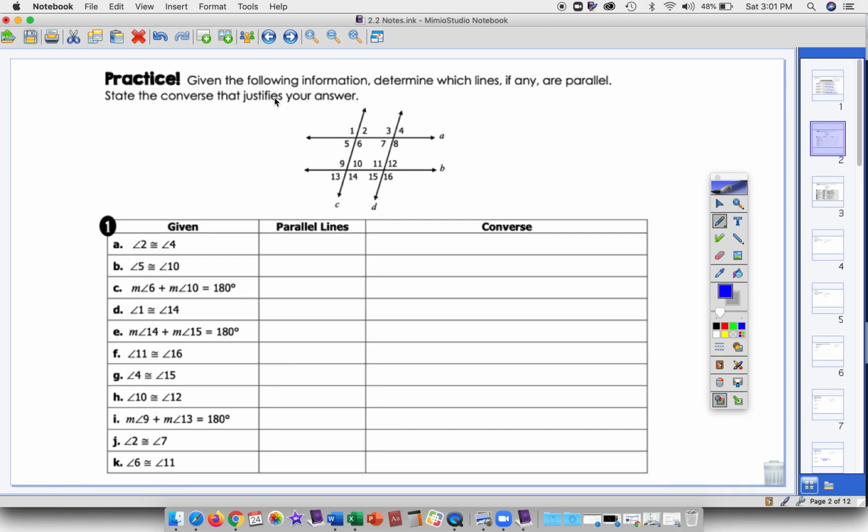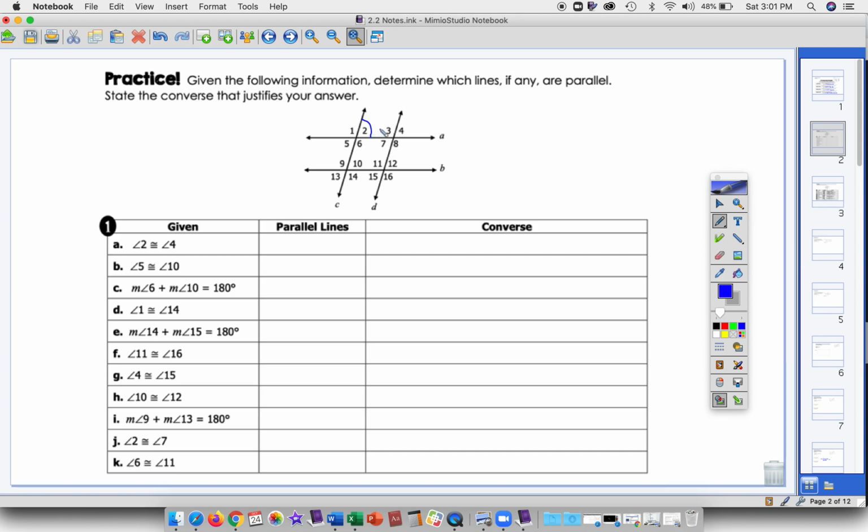Now we can use these theorems to determine which lines are parallel, and to prove that lines are parallel. So in this activity, I want you to go through A through K and determine which lines are parallel. I'll help you get started.